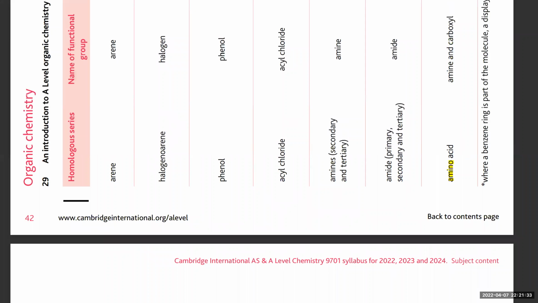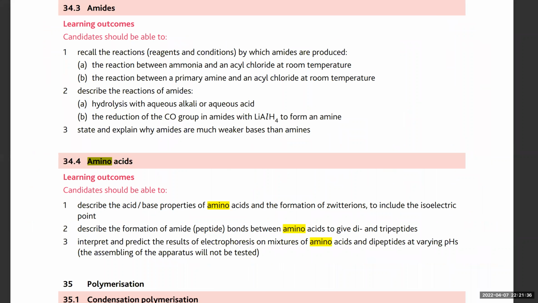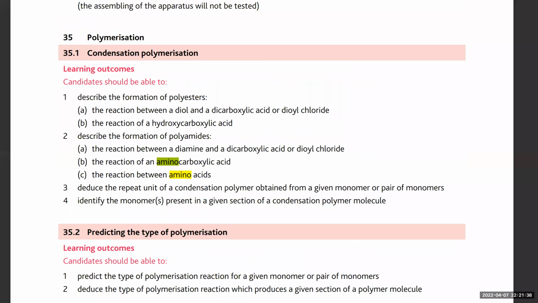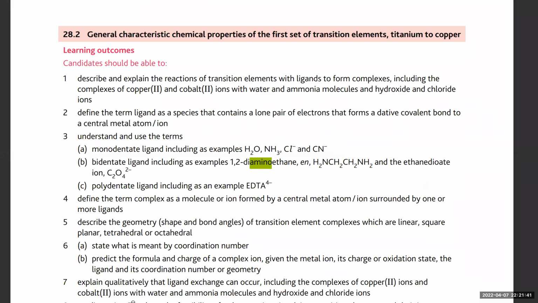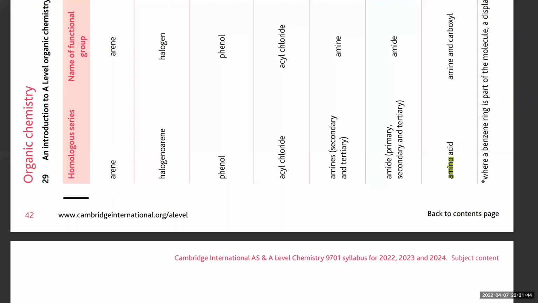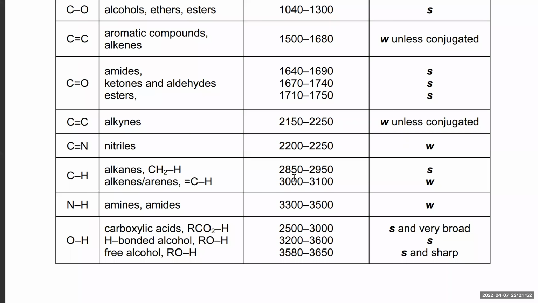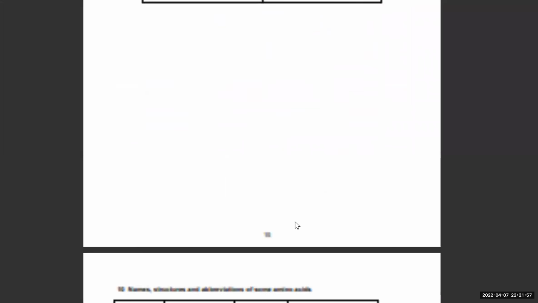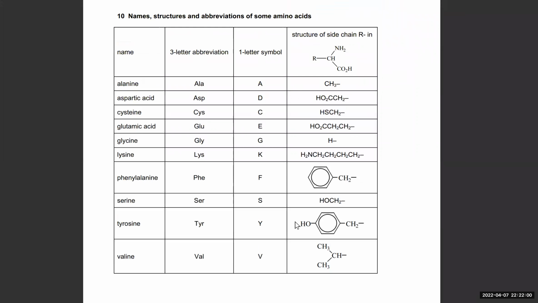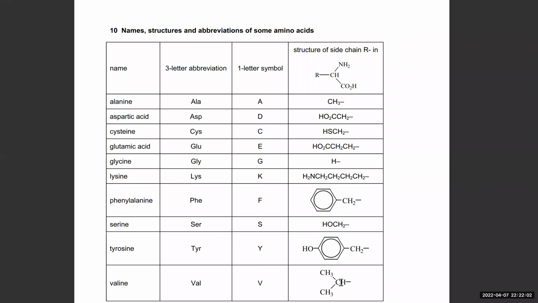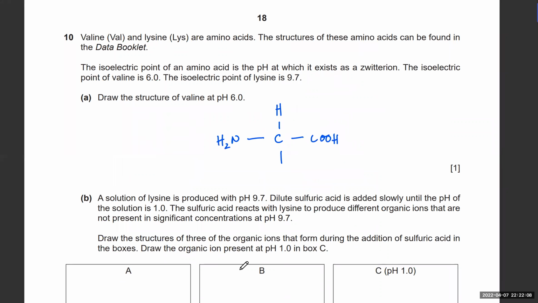One second. No, from now on they'll probably give it. If they give you an amino acid, valine is, I think, a 3-carbon atom chain. This is the older data booklet, so this one has amino acids. So valine is CH with 2 CH3 branches.